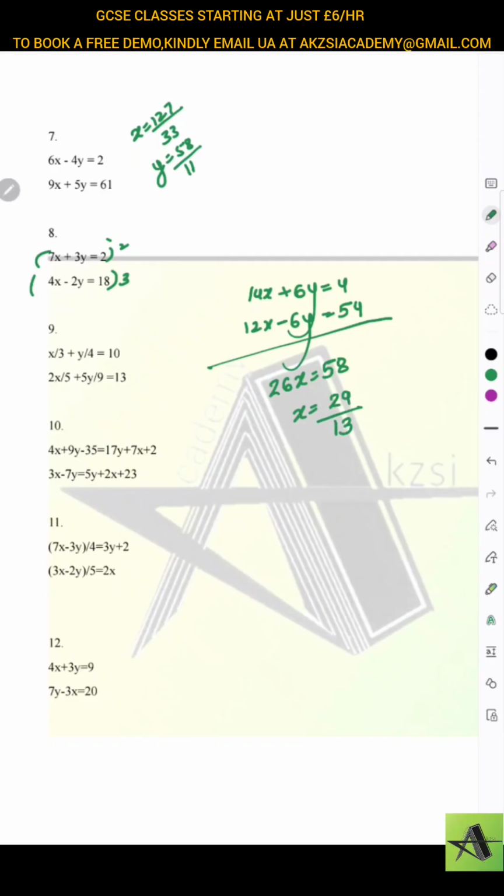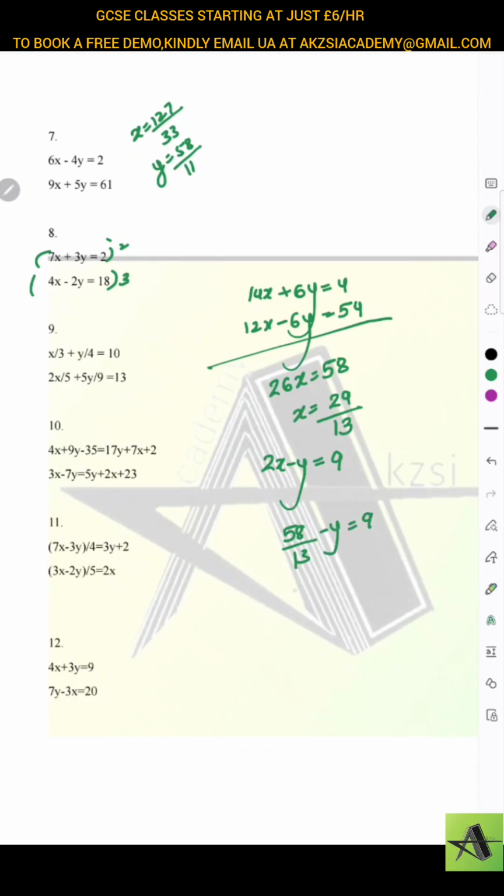Now substitute in either of the equations. Let me do it here, and this can further be simplified if I divide both the sides by 2. That will give me 2x minus y is equals to 9. Substitute x is equals to 29 over 13. That will give me 29 times 2, which is 58 over 13, minus y is equals to 9.